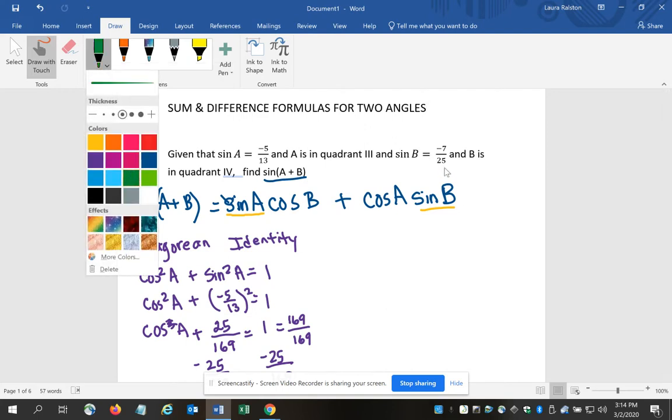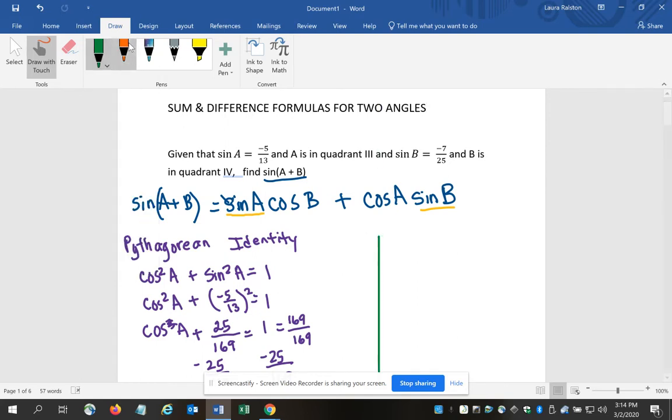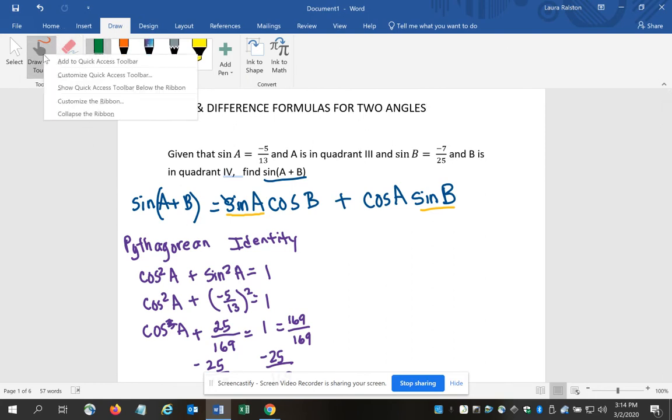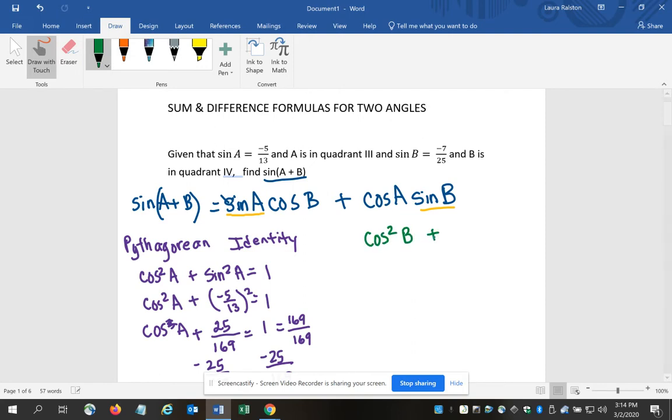Then I'm going to go back and use that same Pythagorean identity again, but this time for angle B. I have cosine squared of angle B plus sine squared of angle B equals 1.